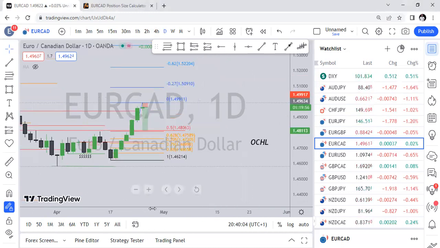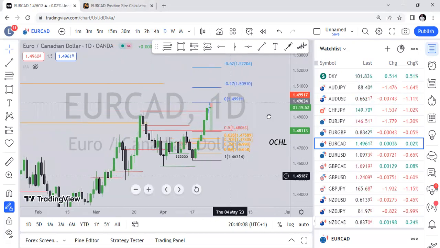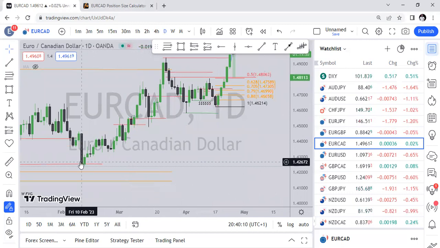Now, apart from looking at the candles individually, just like we've been able to analyze them, where we are looking at what is the open, what is the close, what is the high, and what is the low, and then looking at whether this one is an engulfing candle or a doji.